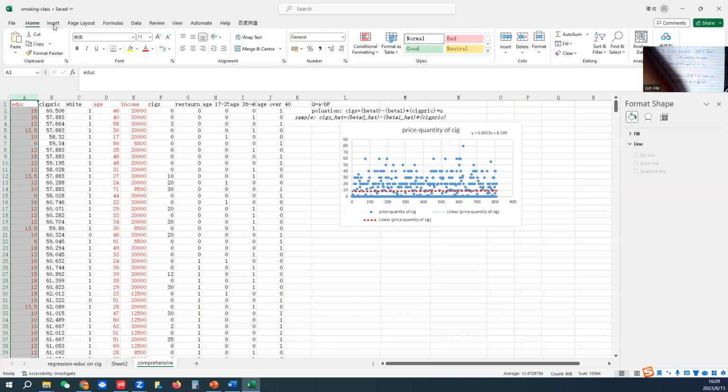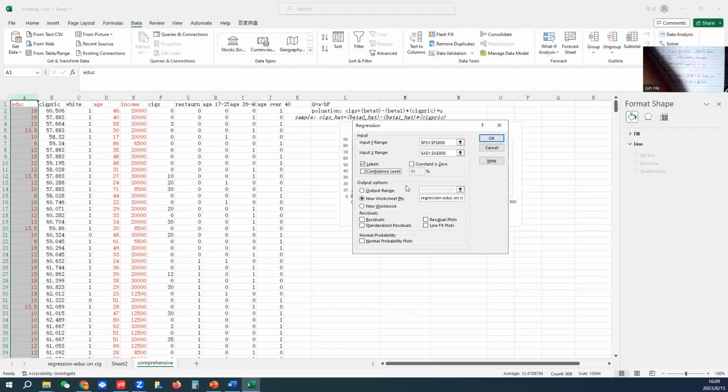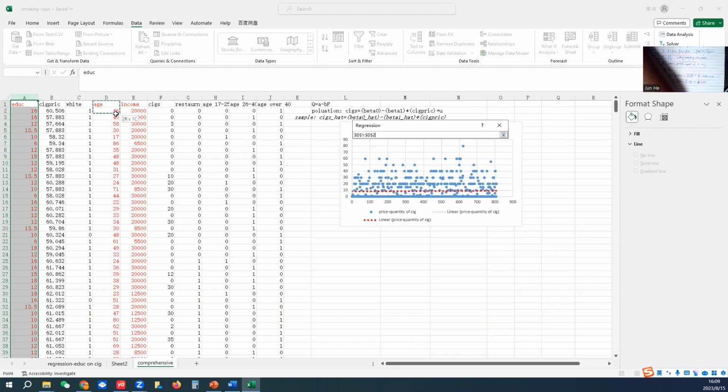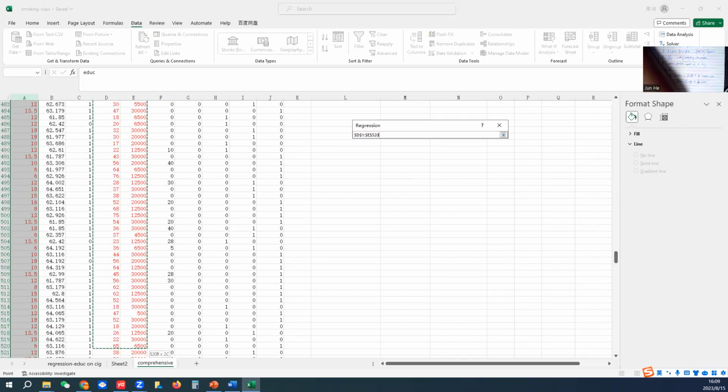Okay, and we're going to utilize the data analysis function regression. So now we're going to input the Y, which is still F, cigarette consumption, that's right. But X, we need to input more. We have the A column, and then we need to input D and E columns, to include all the variables.